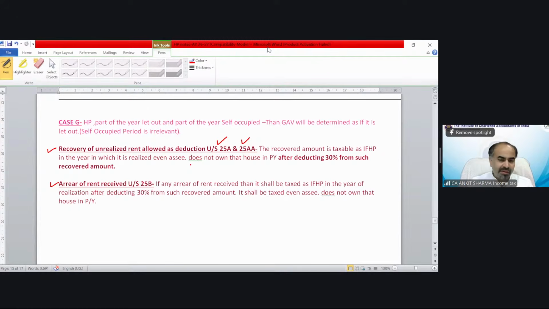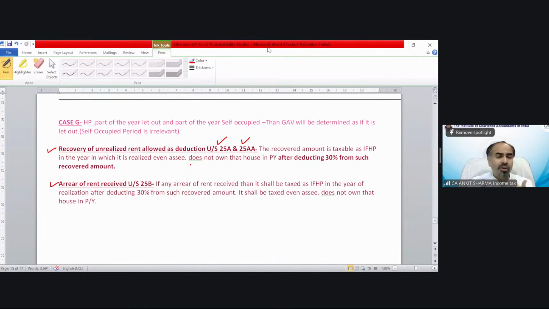We reduce it from our actual rent received or annual rent. But what happens if something is unrealized rent? Suppose in 2022-23, the total rent was 3 lakh rupees. Out of that 3 lakh rupees, 50,000 was unrealized rent. The tenant did not pay us. So we must have considered 2,50,000 for the calculation of actual rent received in that year.